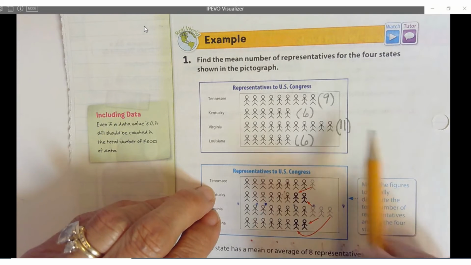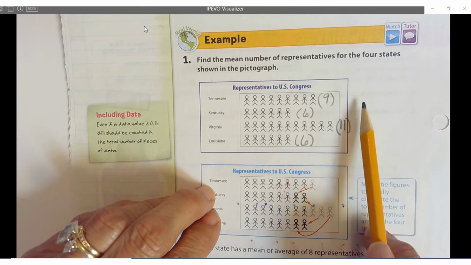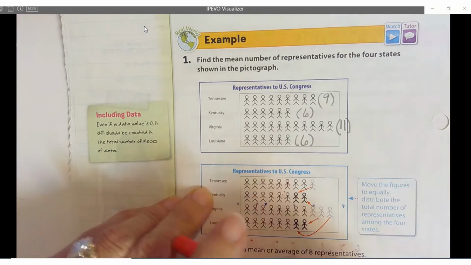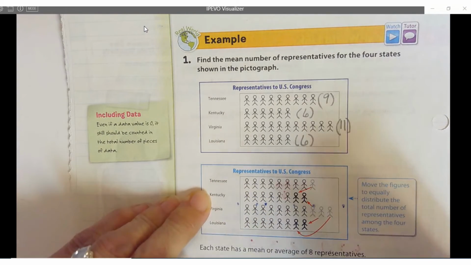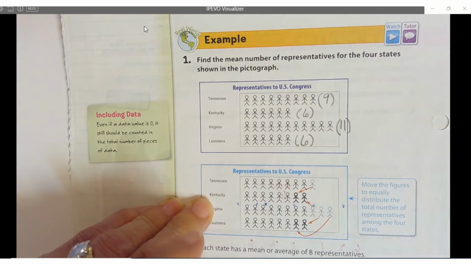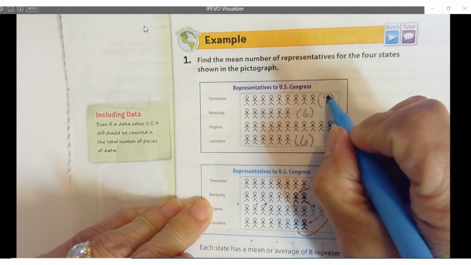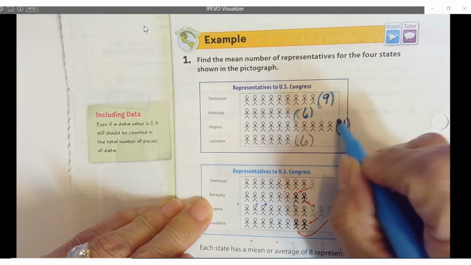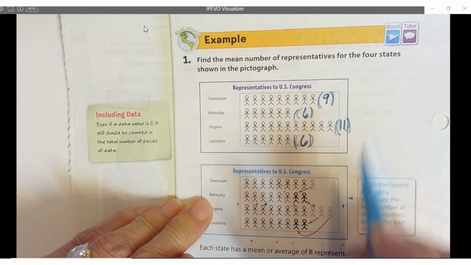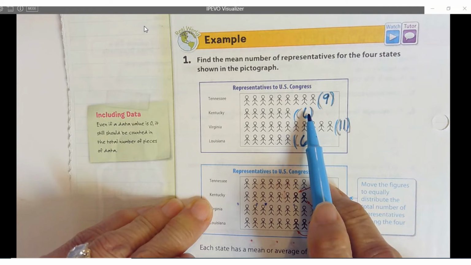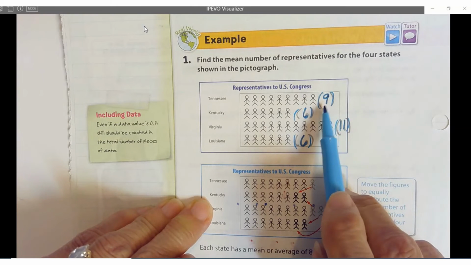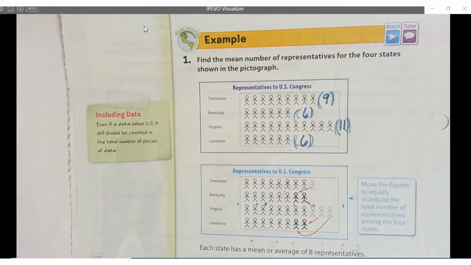Okay, so we have all our numbers, students, and if we total these up, we have 4 states. Let's go ahead and do this. I'll put in a lighter pen here. We have 9, 6, 11, and 6. So I know that 6 and 6 is 12, plus 11 is 23, plus 9 is 32.